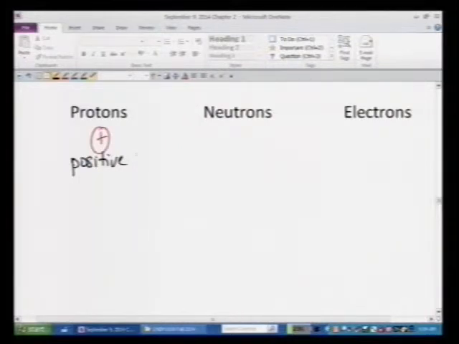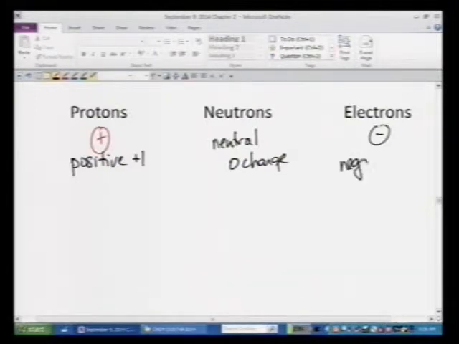So they essentially have a positive +1 charge. Neutrons, charge, none, because they're neutral. So we have 0 charge. Electrons, they're -1 because they carry a -1 charge. So just based on the name, that information is mostly intuitive.